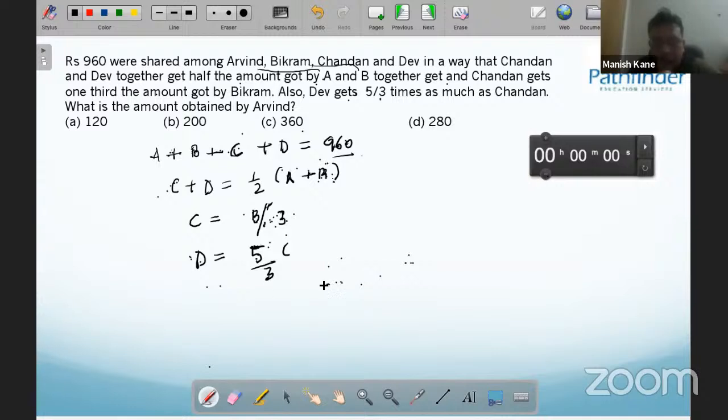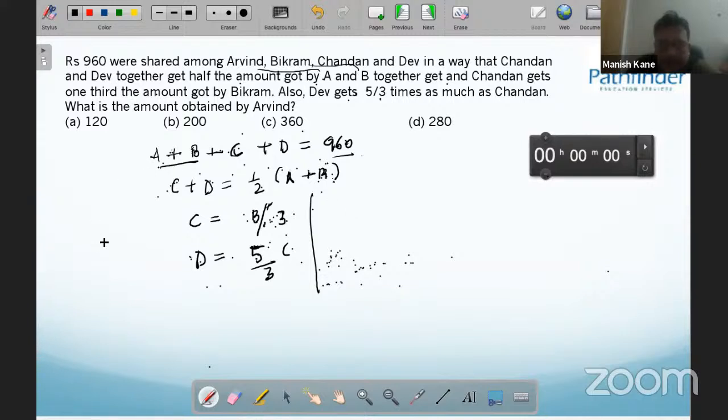Now, how do you go about solving this? In these equations, wherever you have C and D, you can replace it by B, correct? So the first thing I'm going to do is, instead of C plus D, I can write half of A plus B, or instead of A plus B, I can write 2 times C plus D. In fact, that's what I'll do.